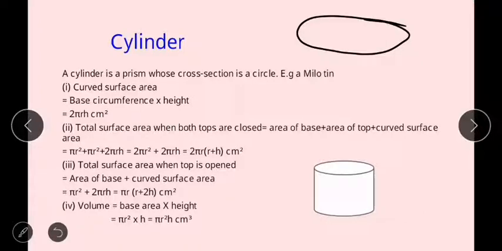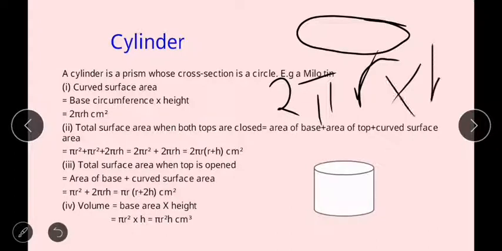And the formula to do that is what? Thank you. 2 pi r. Okay? So 2 pi r is the formula for the base circumference of a cylinder. So multiplying it by the height of a cylinder would give you 2 pi r h.